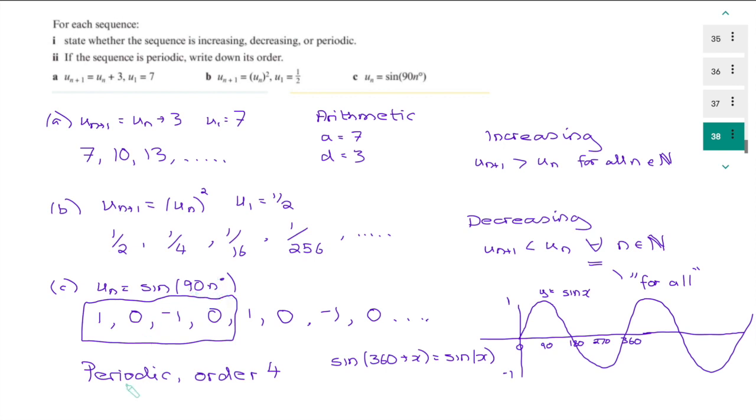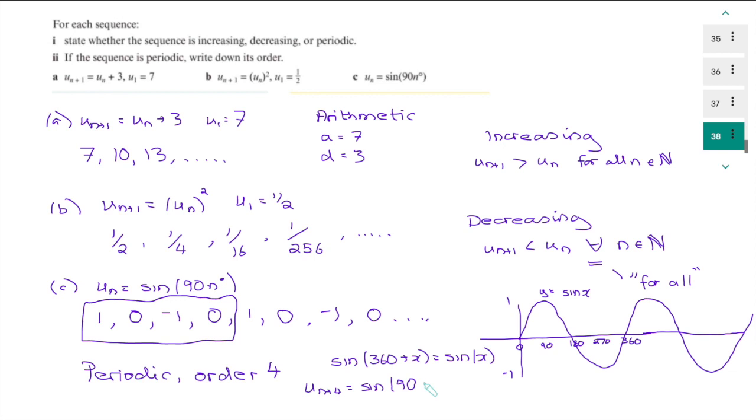I'm just wondering whether, if you were asked to define this, so what we want to say is we want to be able to say, so u(n+4), we've said it's periodic of order 4, equals, let's look at the definition, it's sine 90. So let's put n plus 4 in here.